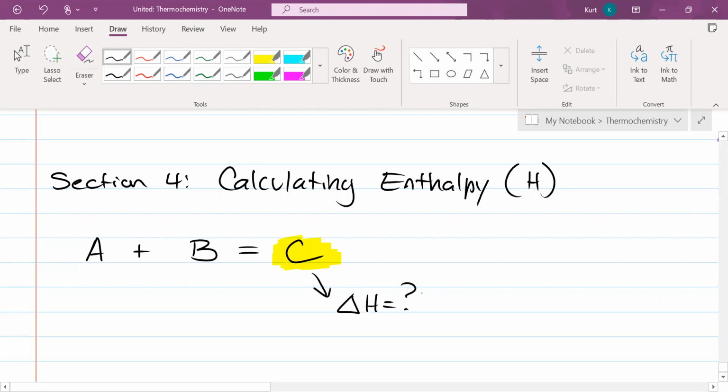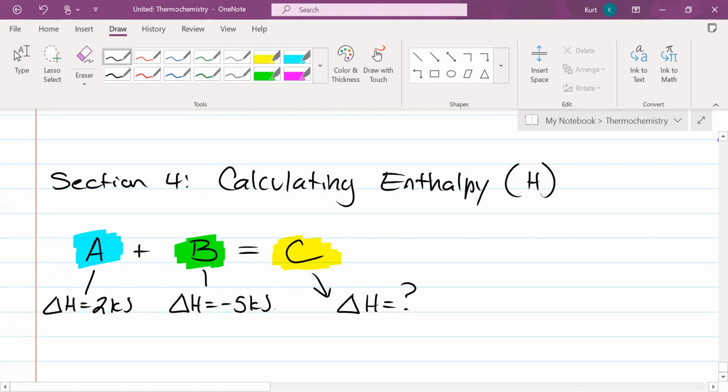You don't know. But what if I told you that when I give you A, and you will be given A, and when I give you B, that you will be given B, that A has an enthalpy change of, let's say, 2 kilojoules, and B has an enthalpy change of -5 kilojoules, you can conclude that our mystery is no longer a mystery.